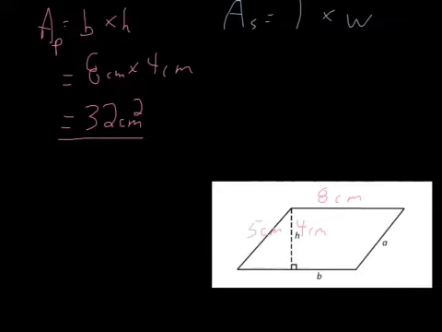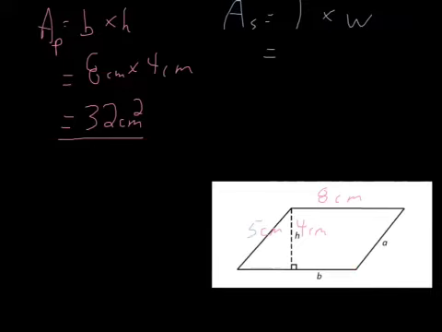Now I'm going to jump over and do the formula for a square. The area of a square is equal to the length times the width. We'll call this the length and this the width. And again, we're going to pretend that we've adjusted this so it is standing up like a square now and measuring it like that.